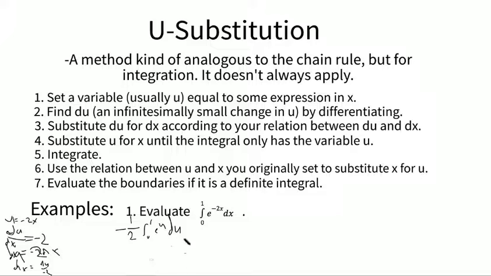Now we can integrate this easily, because the integral of e to the u is just e to the u plus C. I'm not going to write plus C because once we apply the boundaries, it's all going to be the same.